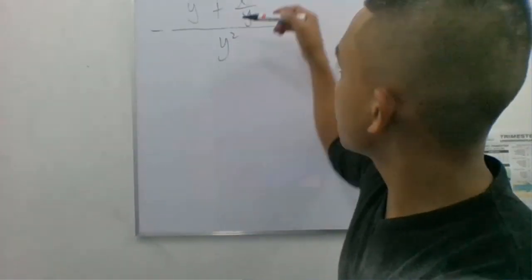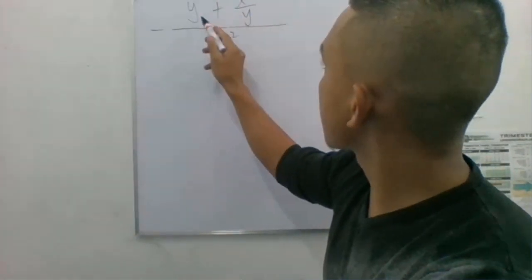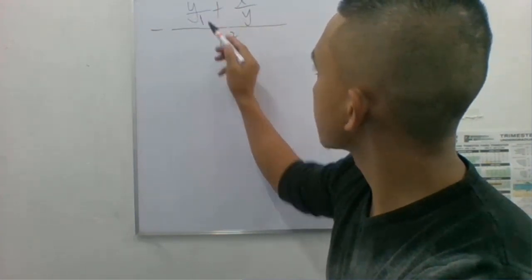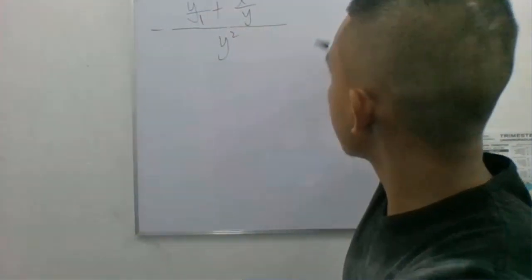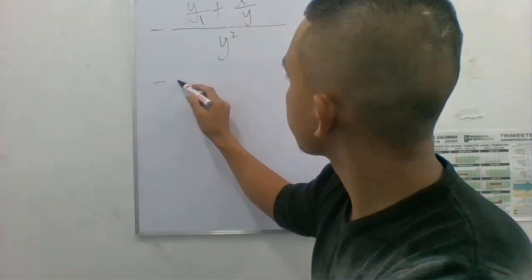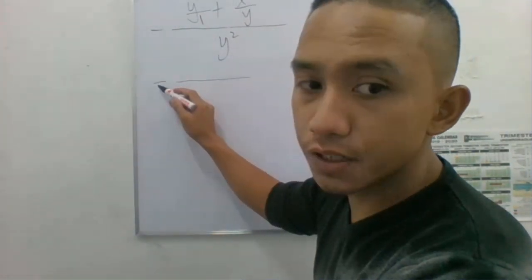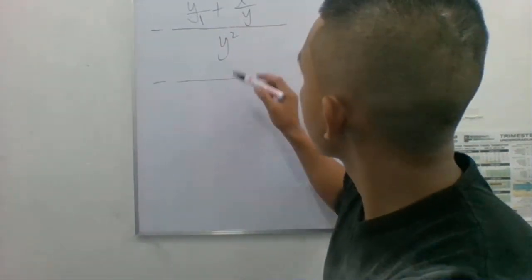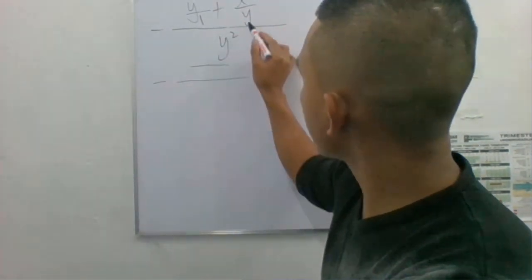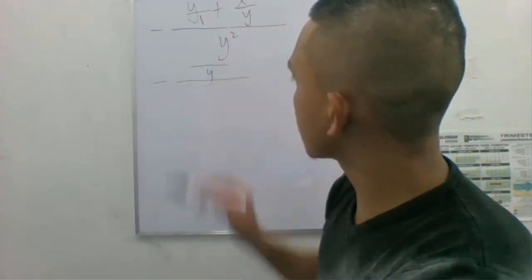So what will I do? I will combine this one. I need to make this a fraction so that I can combine it, let's say that is raised to 1. That will be the same. Then that will be, hey, there's a negative. Do not forget there is a negative in your answer. What is the LCD? That is our rule. What will be the least common denominator?